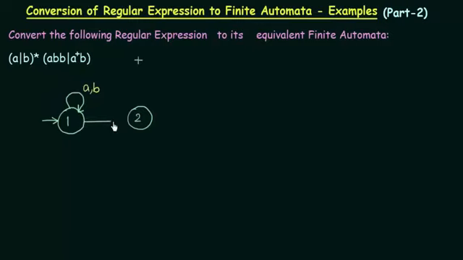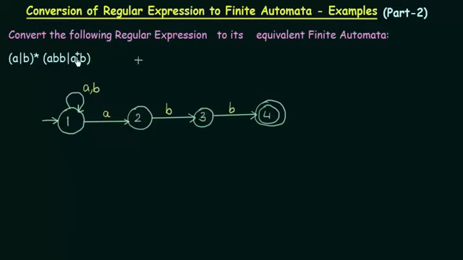So state 1 will go to state 2 on getting input A. Then I'll make state 3, and send state 2 to state 3 on getting input B. There is one more B, so I will make state 4, which will also be a final state because this is the terminating symbol, and state 3 will go to state 4 on getting the next input B. Now we have completed this part, ABB.